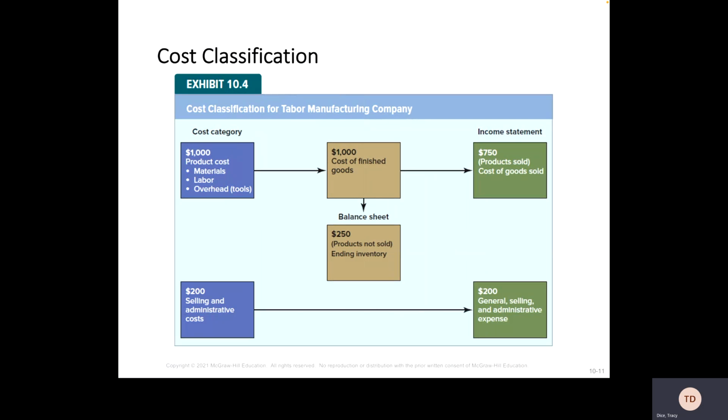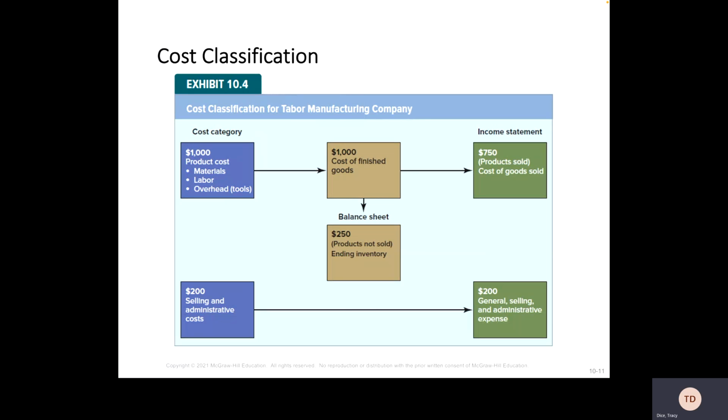Here's another diagram just to help you look at your cost classification. Again, we're looking at that table. The specific company they looked at was the Tabor Manufacturing Company. We've got $1,000 in product costs between our labor, our materials, and our overhead. So then when we finish those tables, your $1,000 is going to go into finished goods inventory.